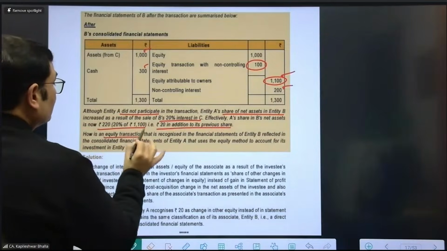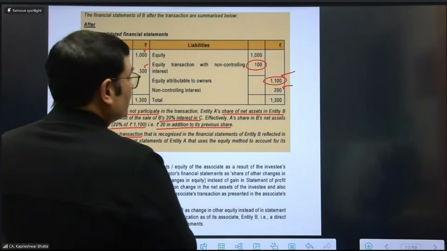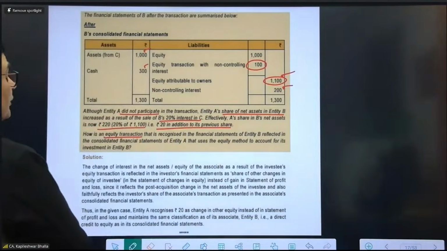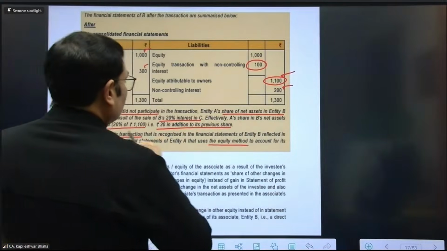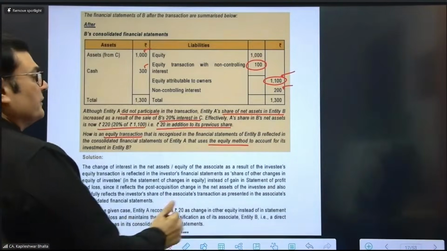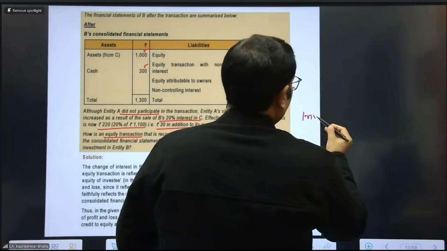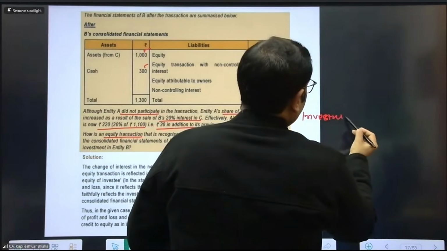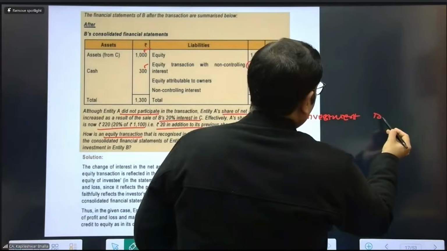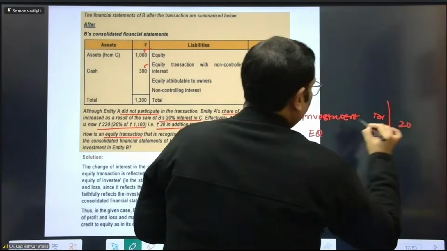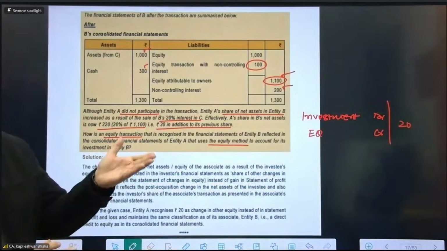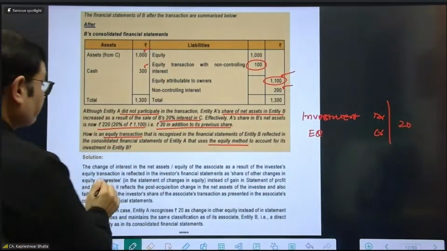How is an equity transaction recognized in the financial statements of B reflected in the consolidated financials of A that uses the equity method to account for the investment? So I would say the entry which A is going to pass is investment gets a debit and equity gets a credit, and he will put this entry at 20. We'll still read, but that's the result.